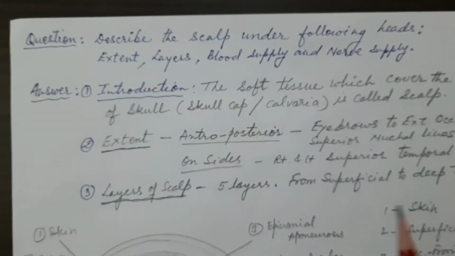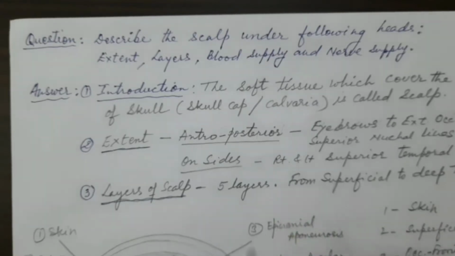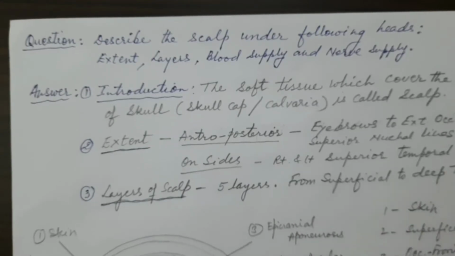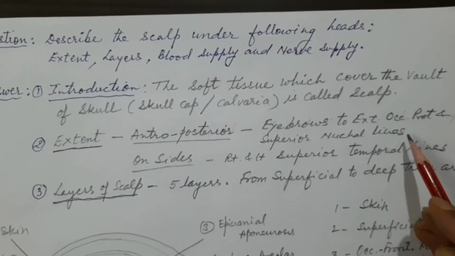Now the scalp extends in the anteroposterior direction from the eyebrows anteriorly to the external occipital protuberance and superior nuchal lines, which I have just shown you on the bone.